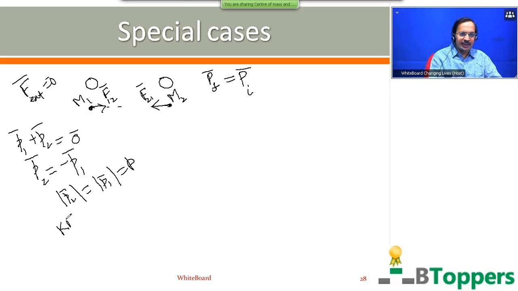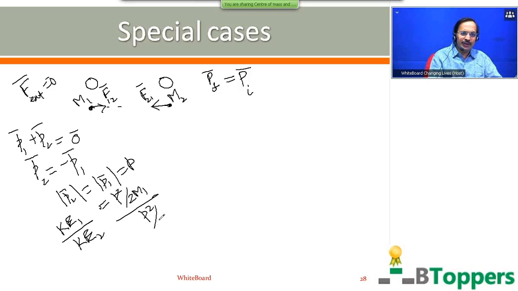So you can compare the kinetic energies of the particles. Remember that the internal forces between the particles of the system cannot change the total linear momentum of the system, but internal forces can change the total kinetic energy of the system. So the kinetic energy of the first particle of mass m1 at a later instant during the motion, you can write as p square by 2m1.